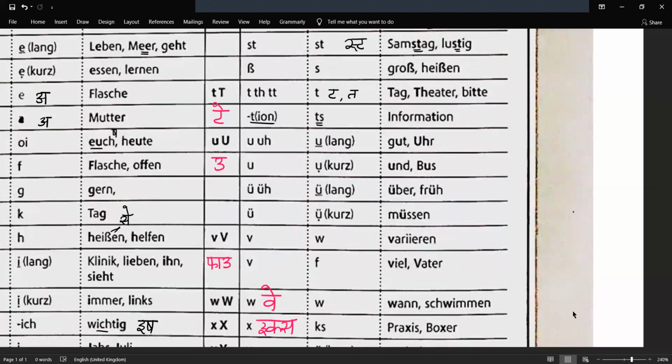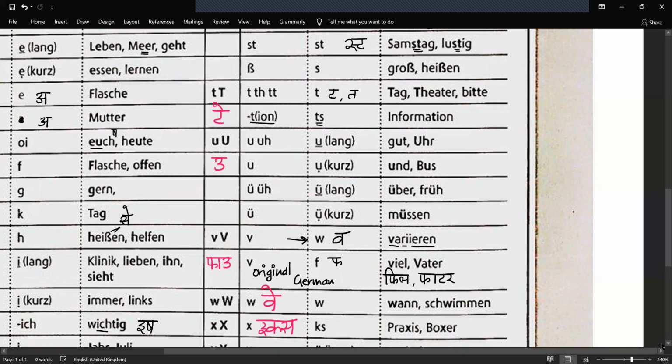Then with the case of V, if it's an internationally adapted word, then it's going to keep its V sound. Otherwise, if it's an original German word, then it's going to take the F sound. So that's why this word is Reservieren, but this is viel and Vater.